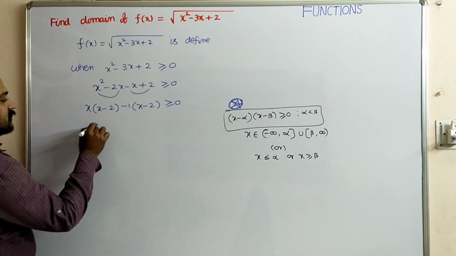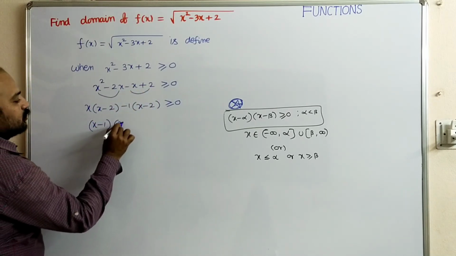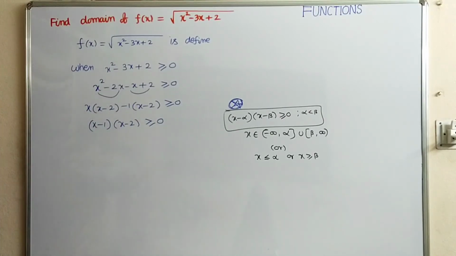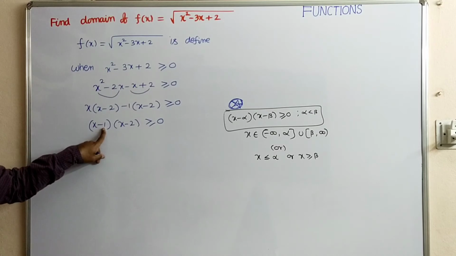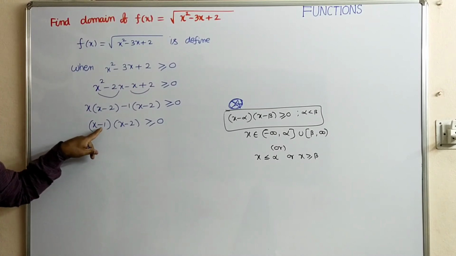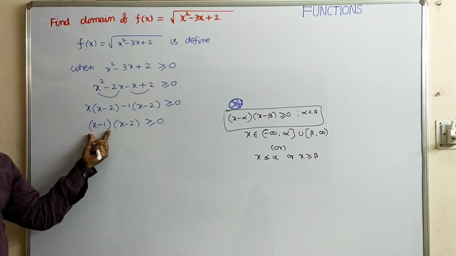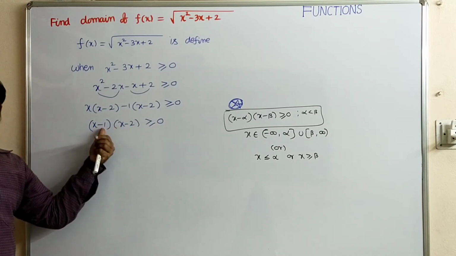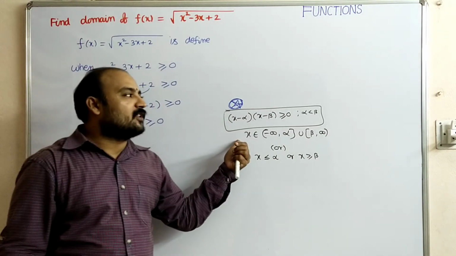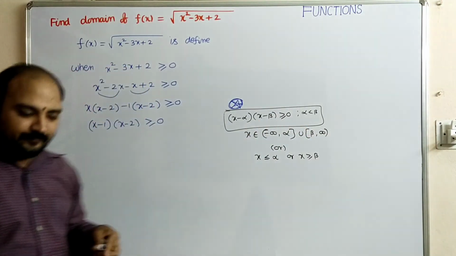So (x − 1)(x − 2) is greater than or equal to 0. Always remember, while writing the product of these two factors, write the lesser value in the first factor. Comparing 1 and 2, 1 is less, so you have to write x − 1 into x − 2. Then only the formula will be applicable, where α is less than β.